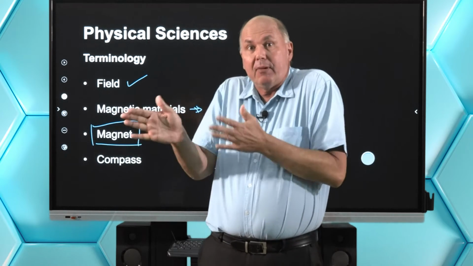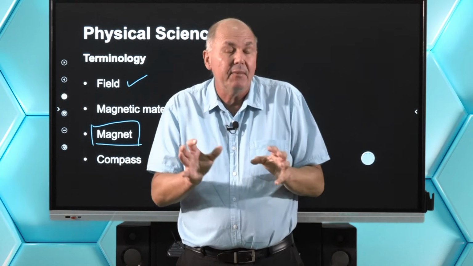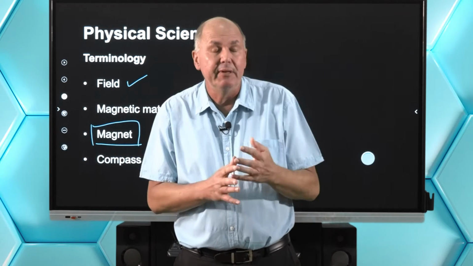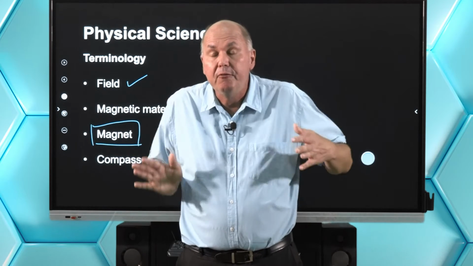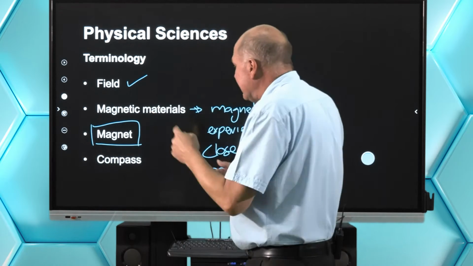They all line up like soldiers and they form a straight line. In other materials, yes, there's a magnetic field at a micro level, but they're randomly arranged. So in a magnet, they're all very powerfully aligned. So we add up all that sum of that magnetic force, and we find it increases. So that's the idea of a magnet.